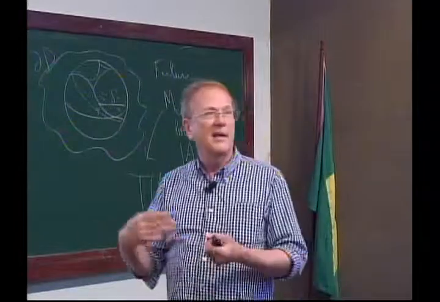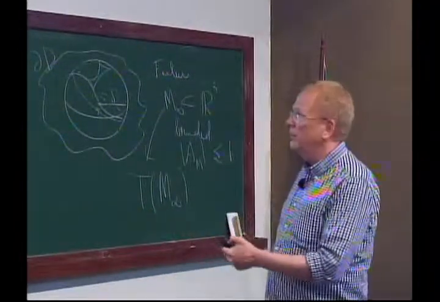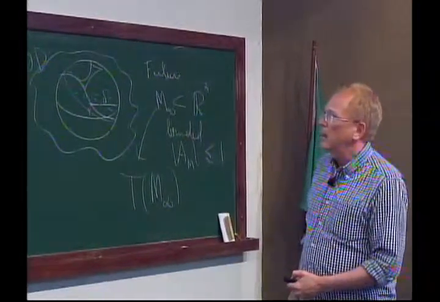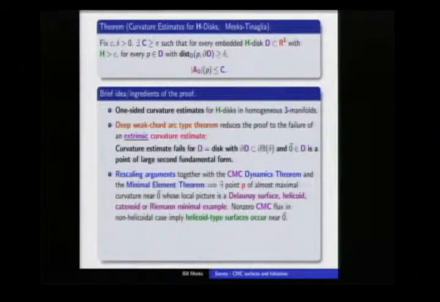Then I can study it a little bit more. With a little more work, one can see that this surface has limits which are Delaunay surfaces. If I have a Delaunay surface, you can check it has non-zero flux. But that contradicts the fact that the original planar domains that created it have zero flux. There are other ways to do it, but that's one way.